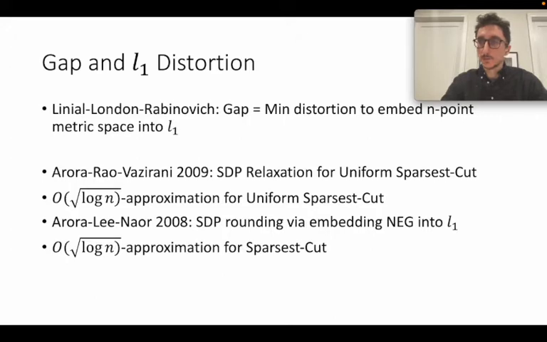This has been extended to the general case by Arora, Lee and Naor, and interestingly, the rounding is also obtained via bi-Lipschitz embedding, but this time of metrics of negative type into L1. These are the objects that one obtains as the solutions of the semi-definite programming relaxation for Sparsest-Cut.